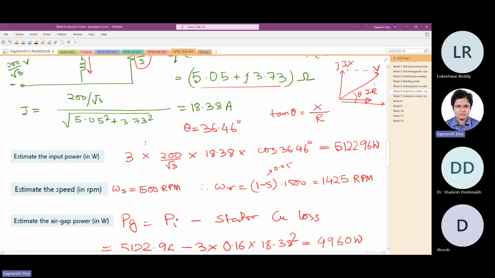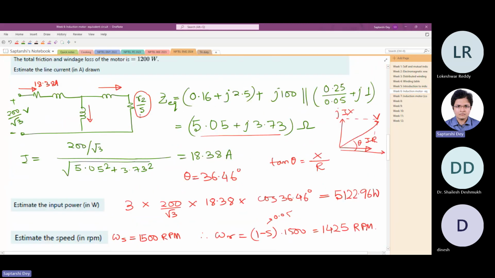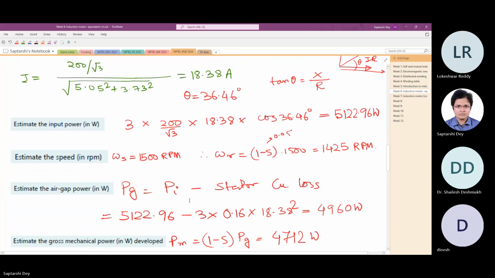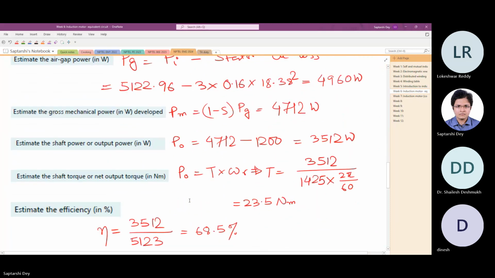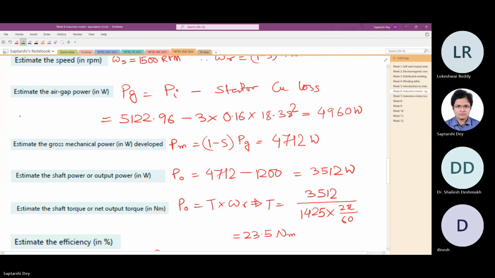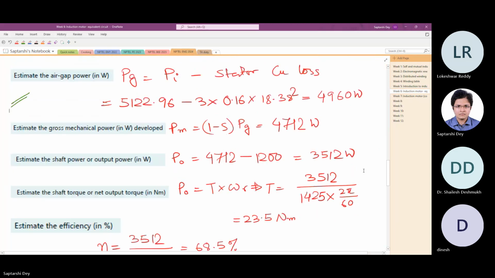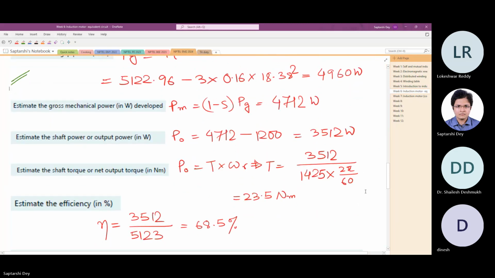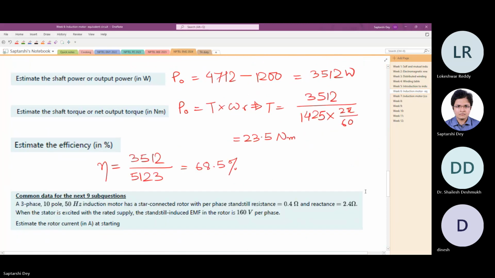SPG is the rotor power loss, and that is I2 squared times R. So from here you can find out I2, the rotor current. Okay, then we'll go to the next question.